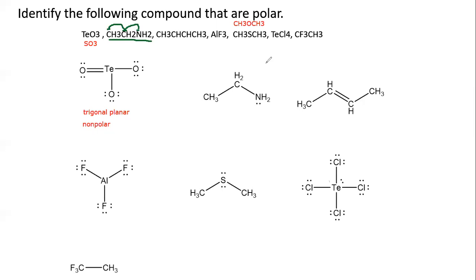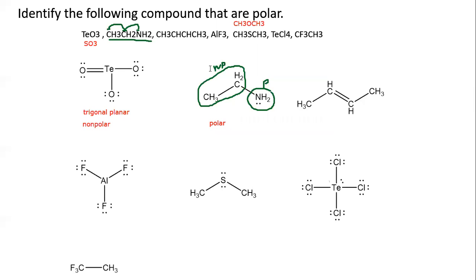So this side of the molecule has nonpolar bonds. However, this side of the molecule, NH2, here nitrogen has 3 bonds and 1 lone pair. This nitrogen is trigonal pyramidal. This is polar. So overall, this is a polar molecule.